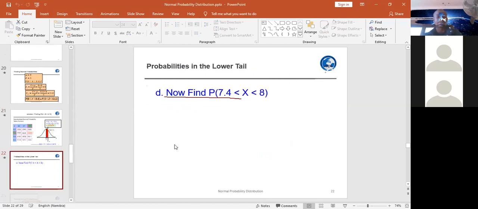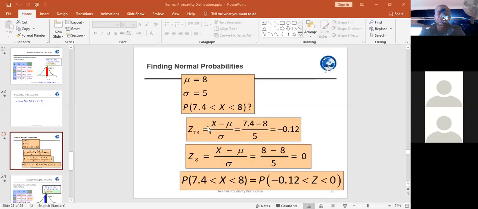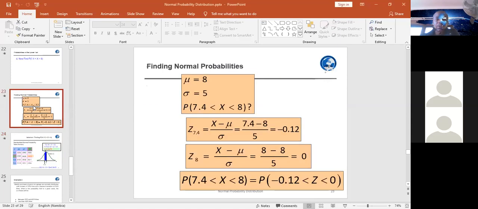Let's look at another example. What is the probability that it will take 7.4 to 8 seconds to download an image from the internet? So you plot that one, 7.4 to 8.